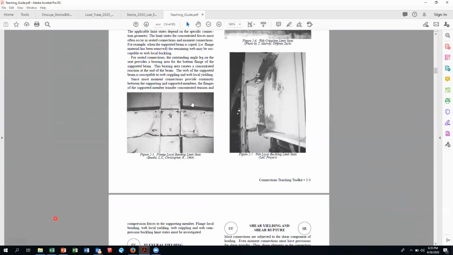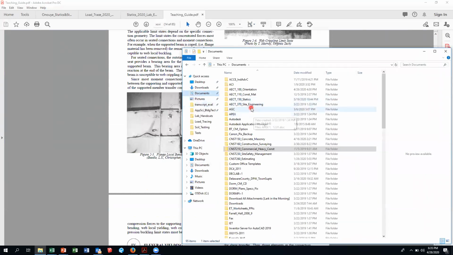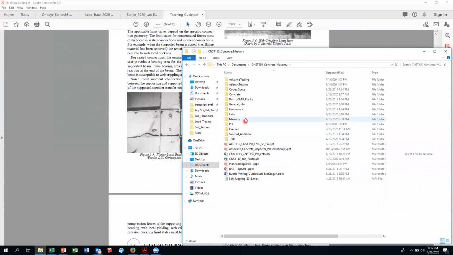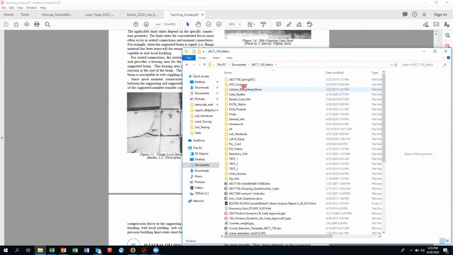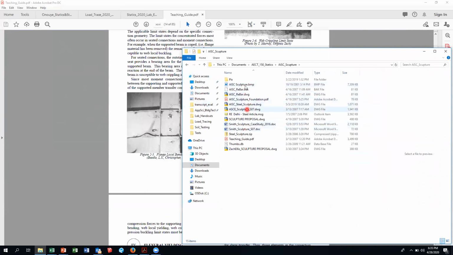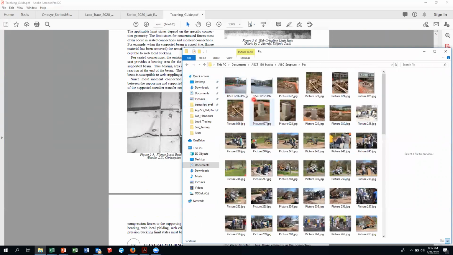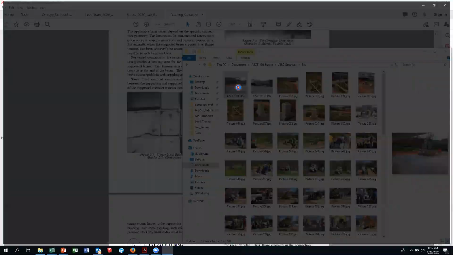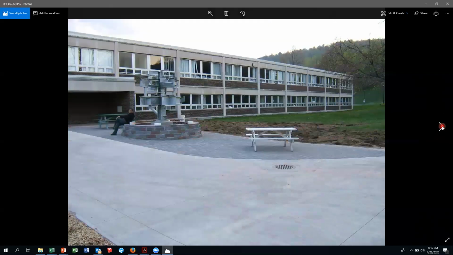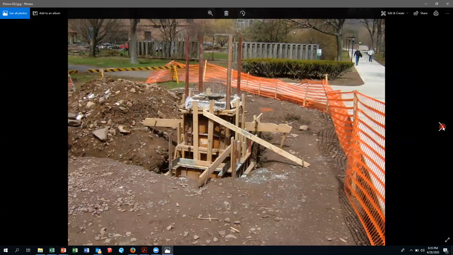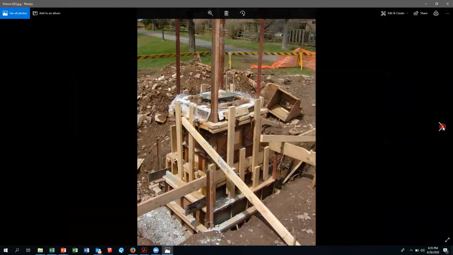Okay, we're going to go to this real quick. So there's the sculpture in front of, that's one of the students from back in the day. And that's the foundation for it.